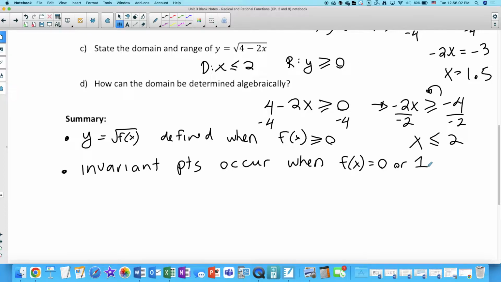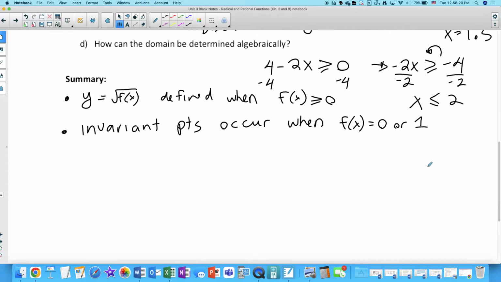Okay, and we're going to use these values of 0 and 1 to generalize what we will see on the graph by breaking the range up using these values. So I'll show you what I mean.